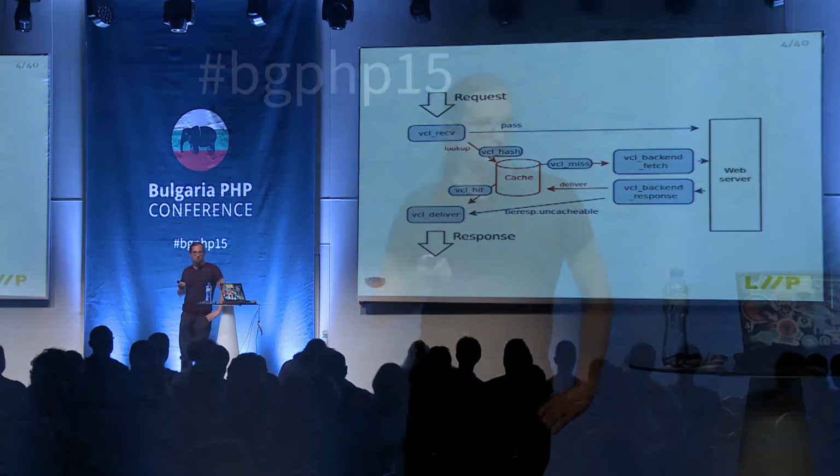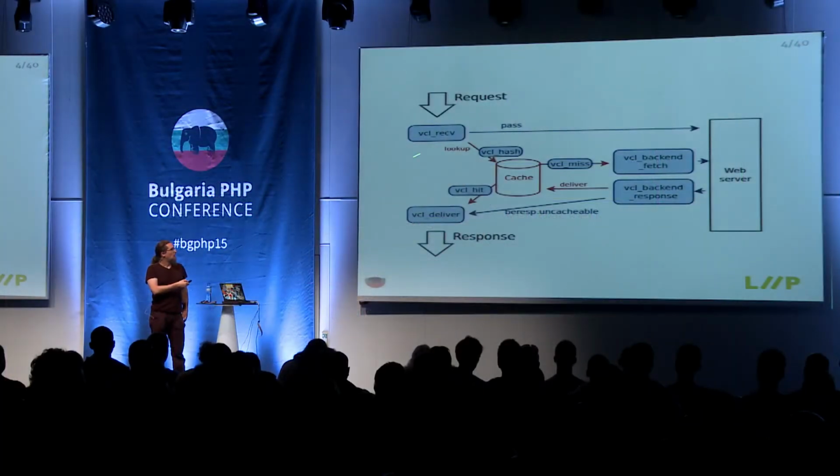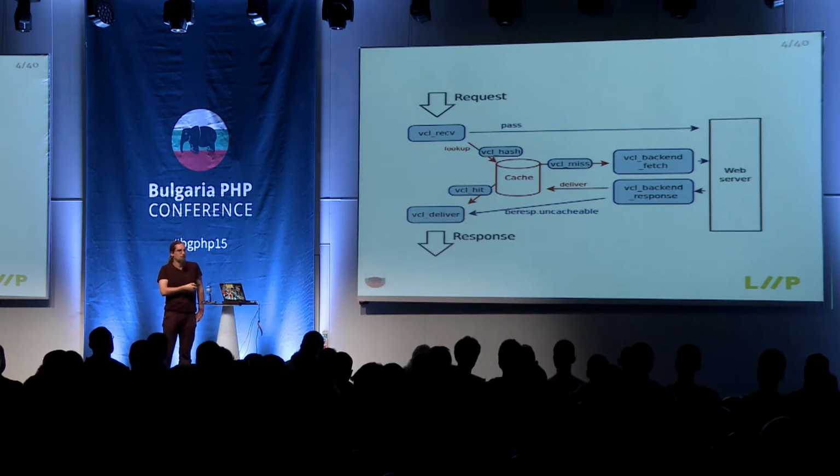So just a quick glance. We won't need all the details of this anyway, but that's how you can see how Varnish, the Varnish cache, works. You have a request coming in. You decide whether you want to look that up in the cache, so whether the request itself can even be cached or not.